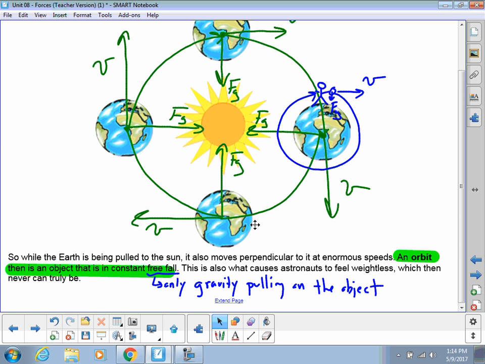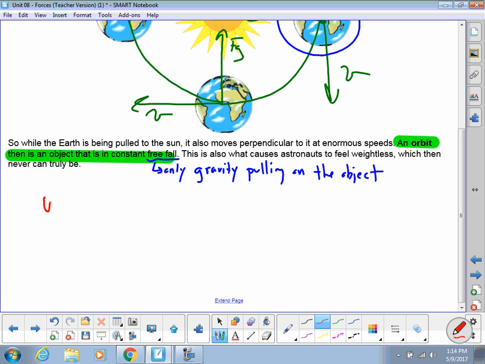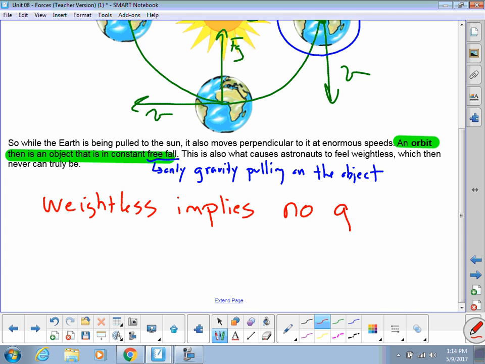So it creates this feeling of weightlessness, which can't be, because weightlessness would imply that there is no gravity.